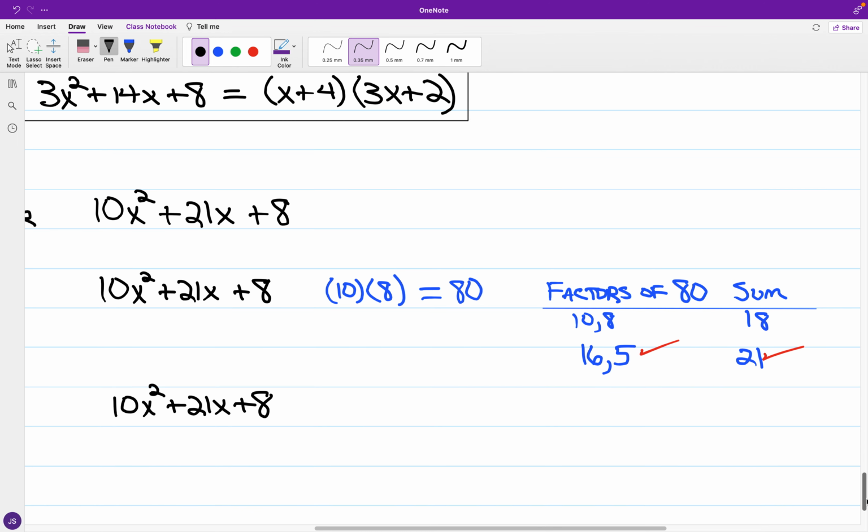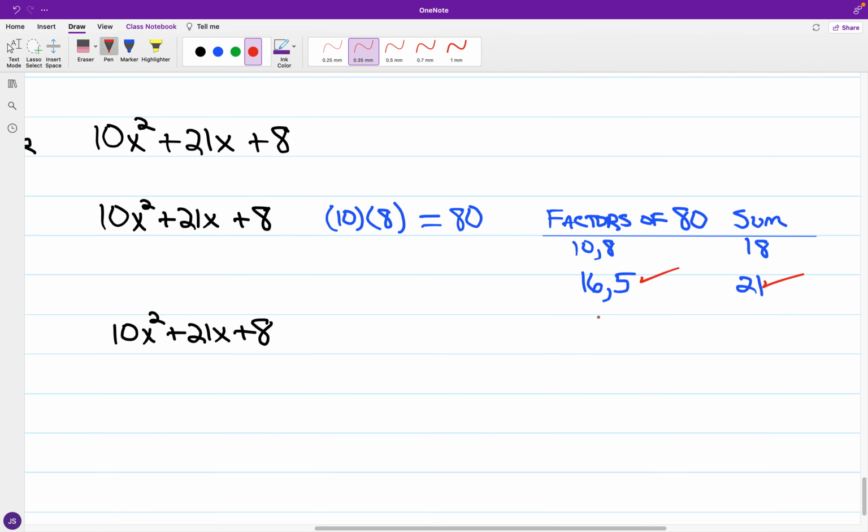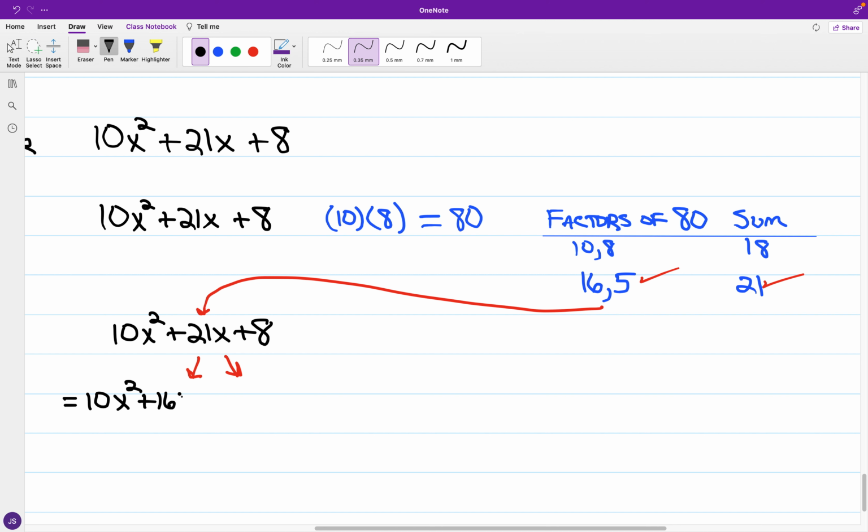Your combination could be with 5 in the front and 16 to follow, but I'll just do it as it appears. So 21x will be split up as 16x plus 5x.